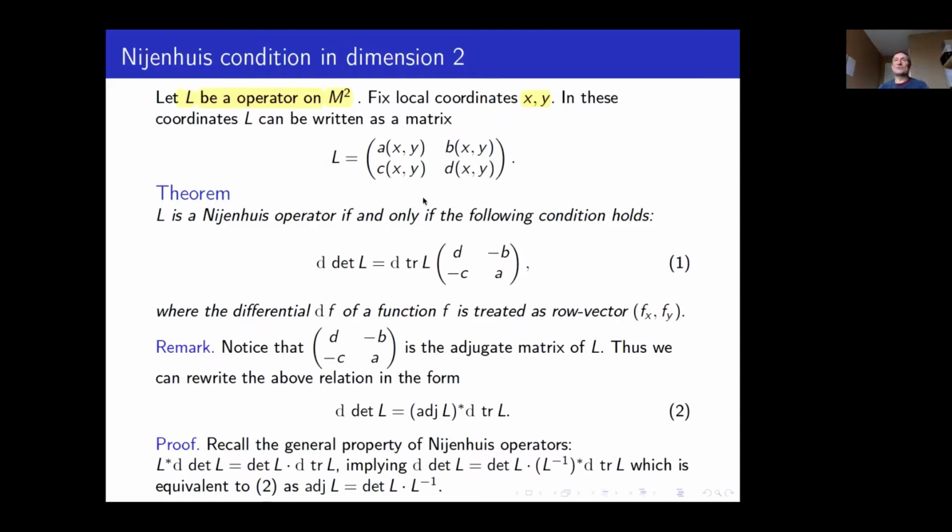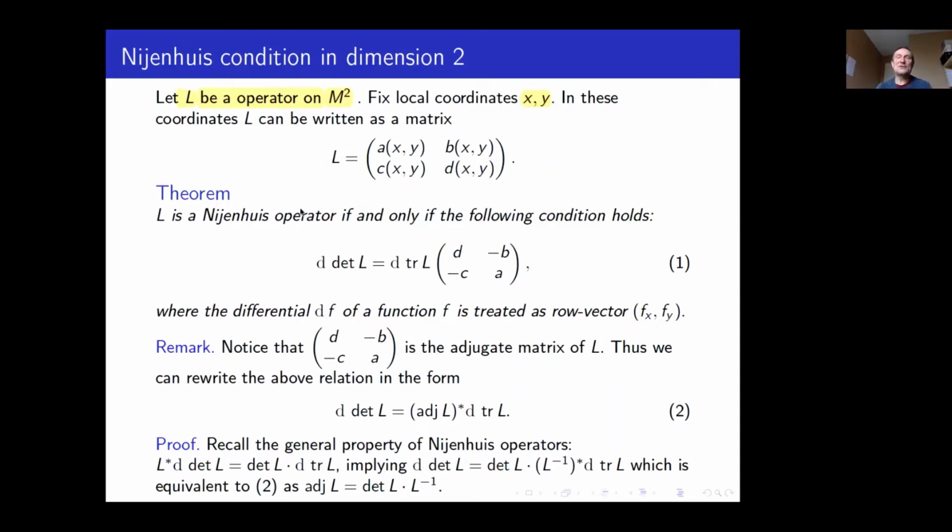Of course, if I want this operator to be Nijenhuis, there should be some relation between A, B, C, and D. First, we are going to describe these relations for these 4 functions that guarantee that this operator is Nijenhuis.